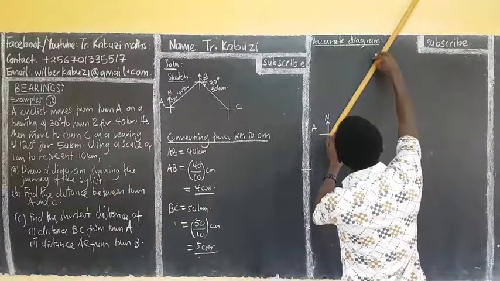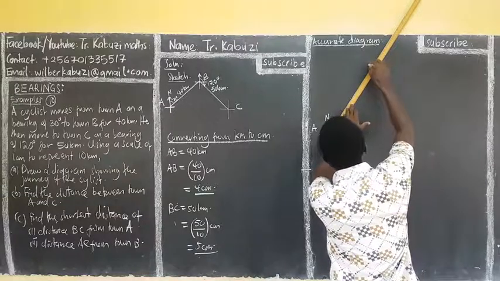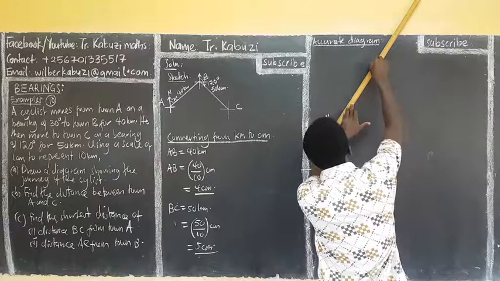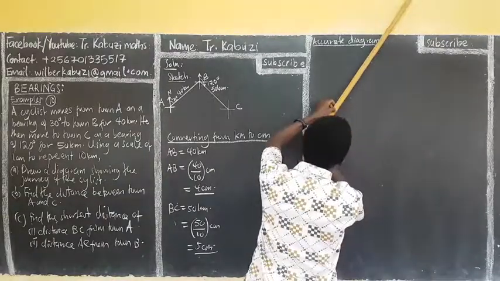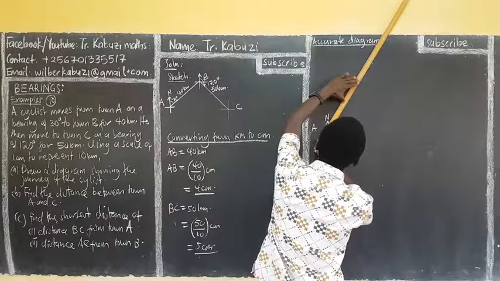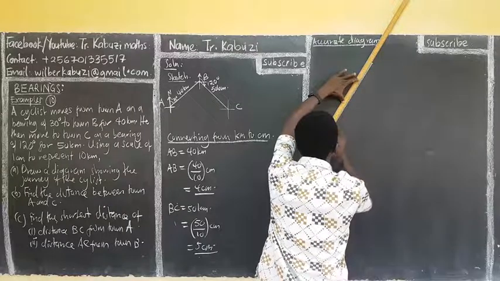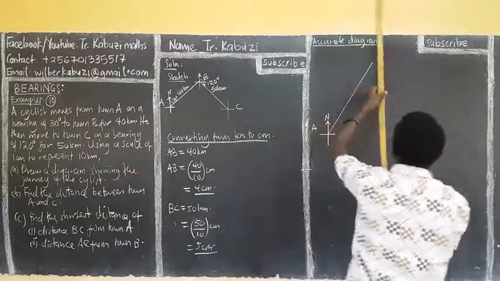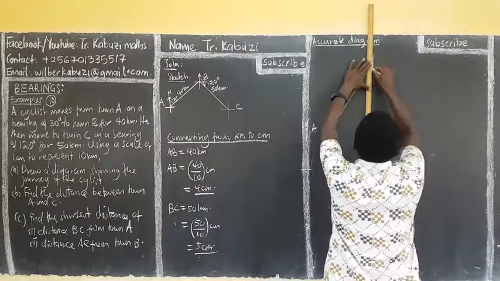I want to measure off the 4 centimeters. My 4 centimeters are here. So then, to pass through that angle there, I draw a line to that point. Where it stops is going to be my point B.